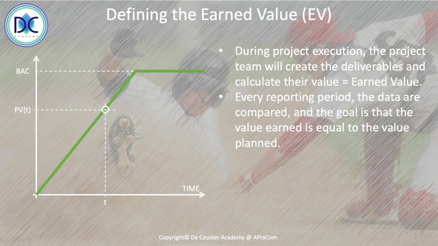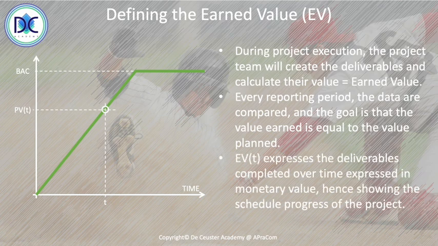So the ideal circumstance would be that EV is equal to PV. EV as a function of time expresses the deliverables completed over time expressed in monetary value, hence showing the scheduled progress of the project. So here we have the earned value created up to a certain moment in time.